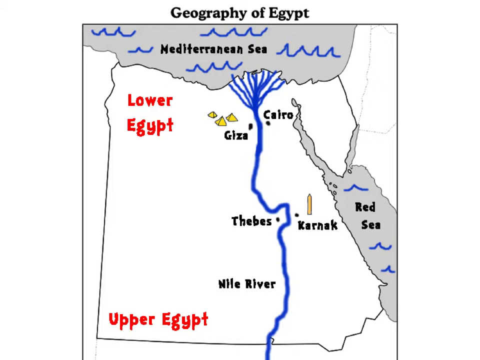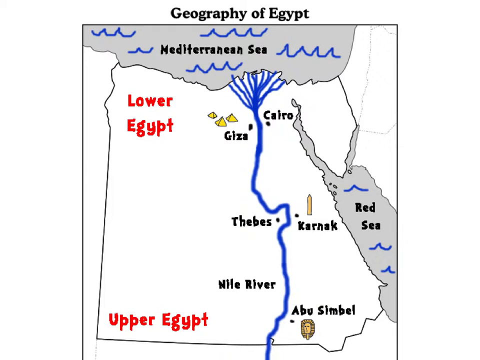About halfway down where there's kind of that bend in the river, we have the ancient Egyptian city of Thebes and also Karnak, which is a huge outdoor Egyptian temple complex that was built up by many pharaohs over hundreds of years. And then heading farther down on the map, we get to Abu Simbel, which is a large temple built by Pharaoh Ramses. It has 4 big statues of Ramses outside that are over 70 feet tall.